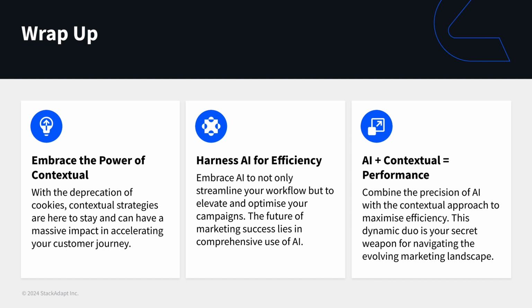AI will support us with efficiency, not just streamlining our workflow, but helping us elevate and optimize our campaigns. And the usage of AI along with contextual boosts our level of performance, where we can count on the precision of artificial intelligence and the flexibility of contextual to help us navigate an ever-changing market.